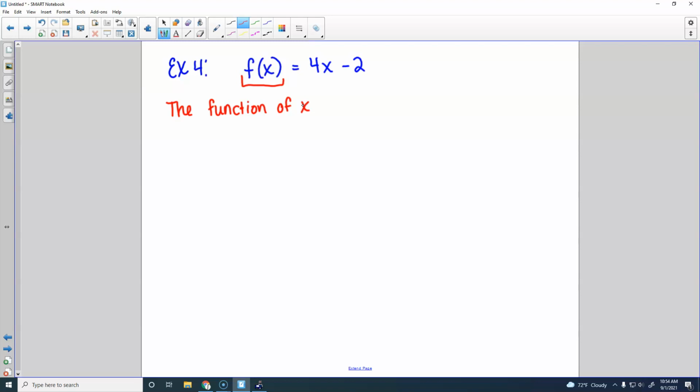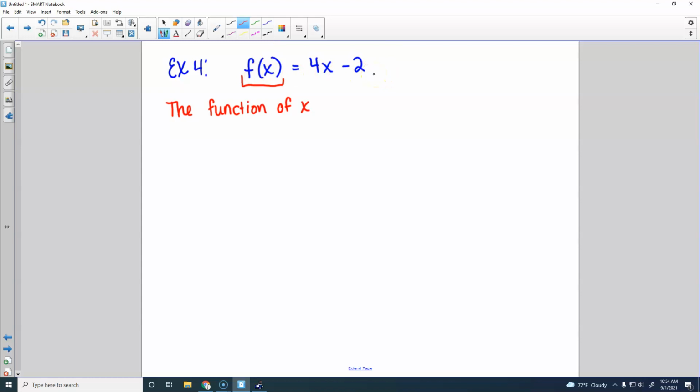I am going to teach you a lot more about what it means to be a function, but just not right now. I just want to introduce it right now because you're going to see this a lot, so I want you to be familiar with what it means whenever you see this, okay? So this means the function of x. So you're going to be given a function of x.